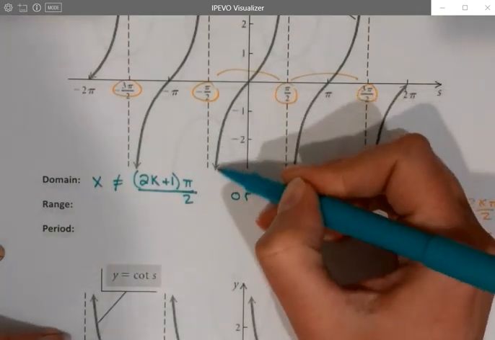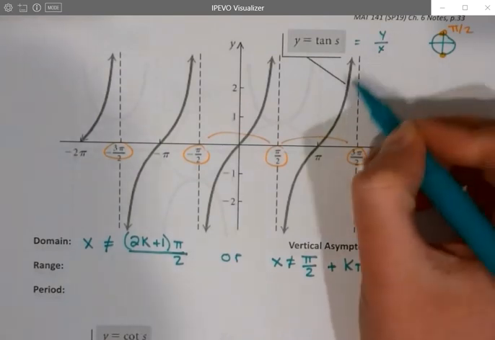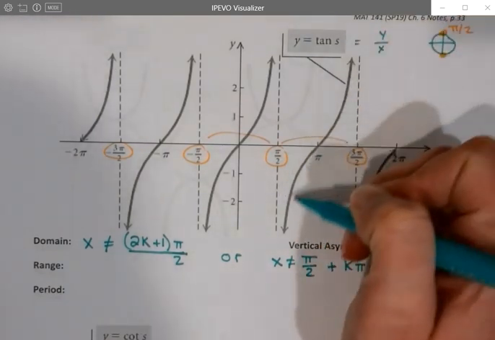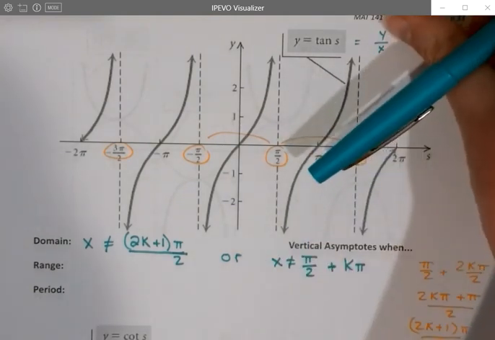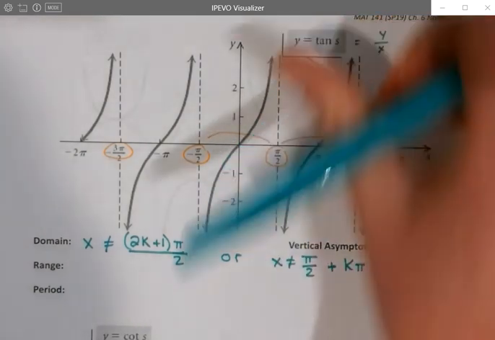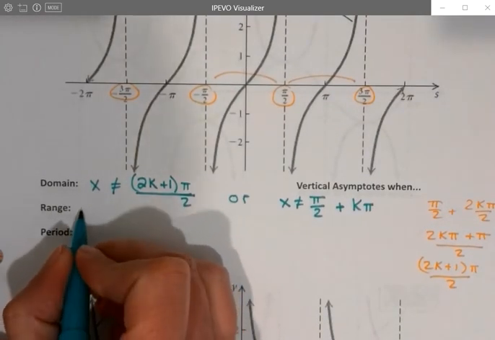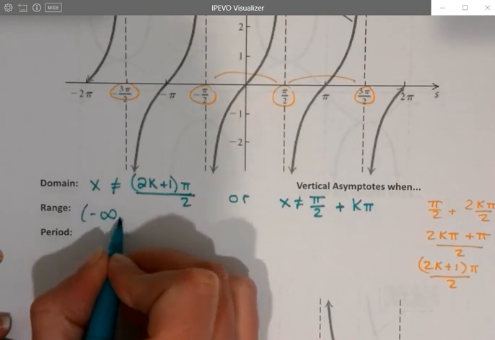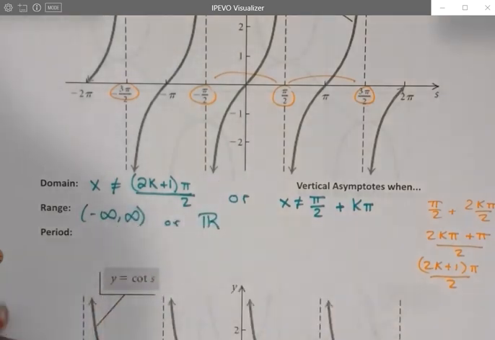You can see from our graph, since our ratio can have very small things for x, it can get very large for y. So it's going to be infinite positive or infinite negative, not the y in this ratio for the unit circle, but the y in the output of the function. So the range is going to be negative infinity to infinity, or all real numbers in set notation.